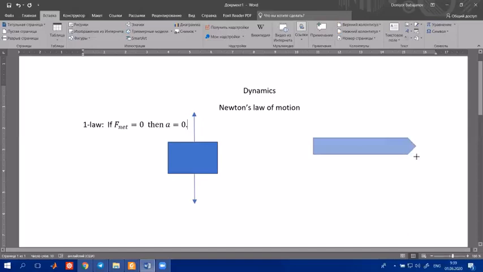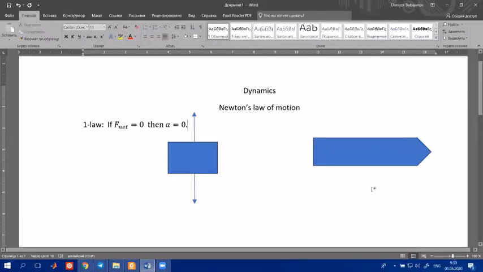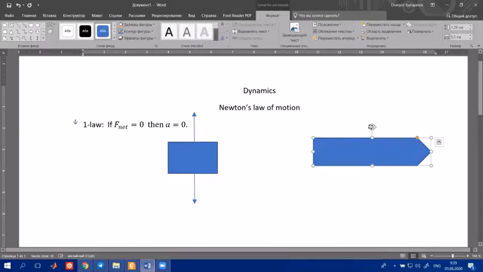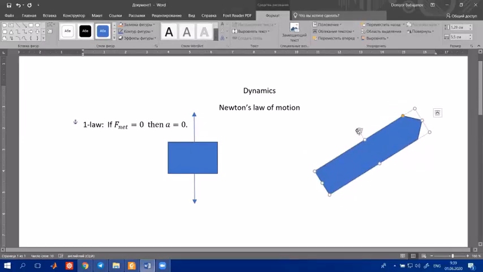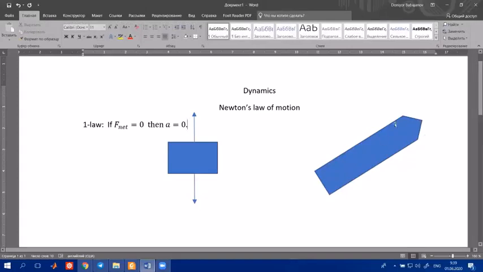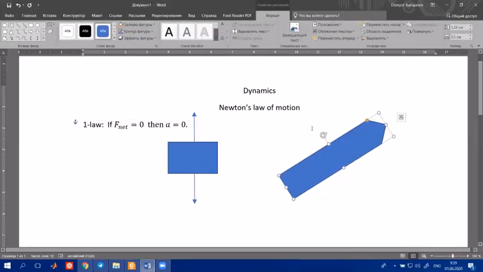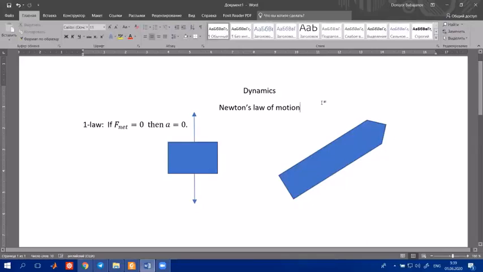There are no forces acting on this rocket. And this rocket moves in some direction. It has an initial speed, and then all the engines, all the reactive engines, are switched off.